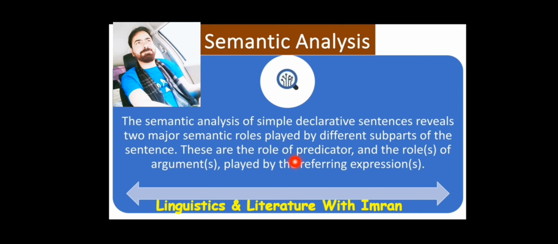But here the concept of predicate and predicator is different than traditional grammar, and here the role of argument is also different from traditional grammatical analysis of subject. But you should keep in mind, you can say that argument is just like a subject and predicate or predicator is just like a verb in traditional grammatical analysis.